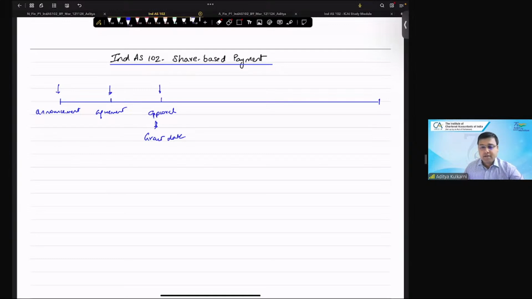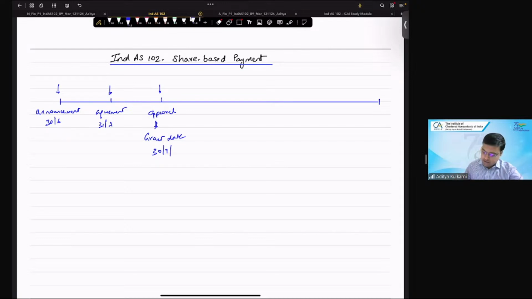Let us give certain dates to this. This is, let us say, 30th June. Agreement has happened on 31st July and approval is received on 30th of September. So the grant date is 30th of September. Now, as per the contract, you are required to provide continuous service for a period of 2 years.